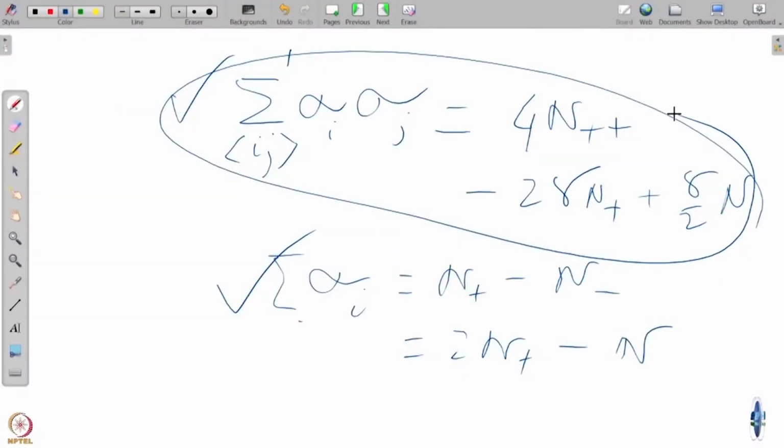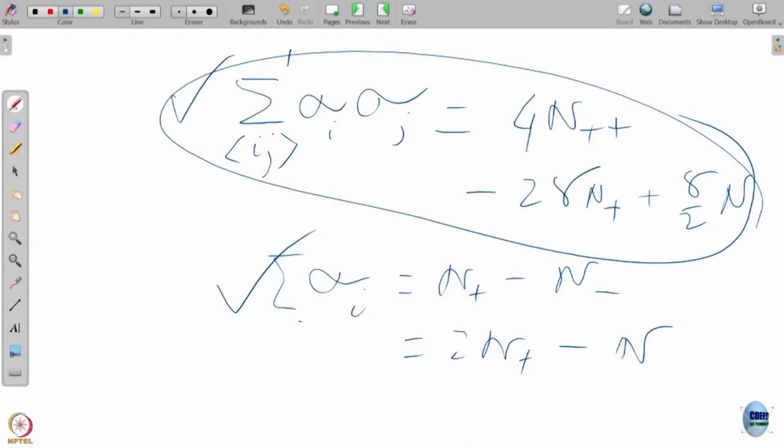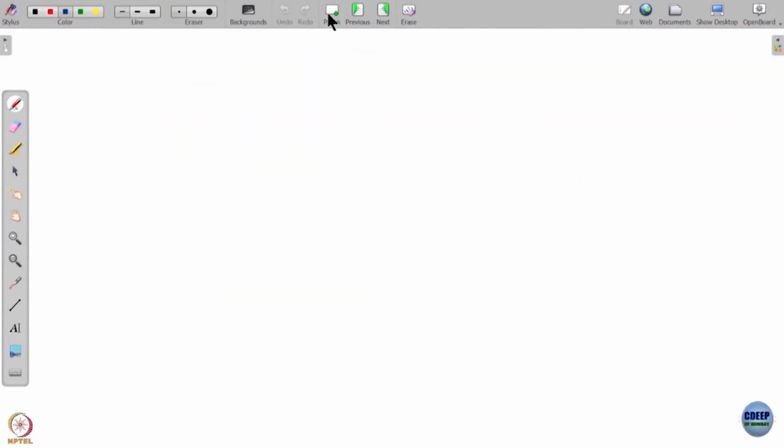When I do that, I get this equation. It is a trivial exercise, all of you can do that, and then this one. So now, and I have J in front, I now have the Hamiltonian in terms of n plus. So I have the Hamiltonian H as a function of n plus and n plus plus.